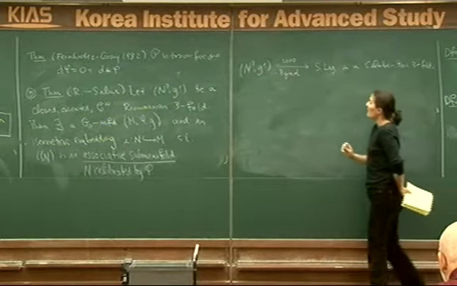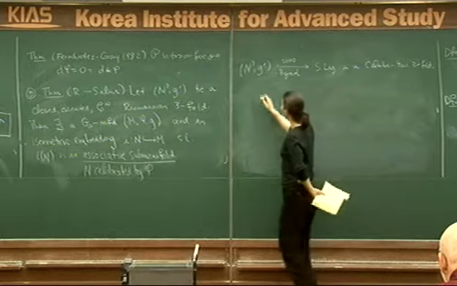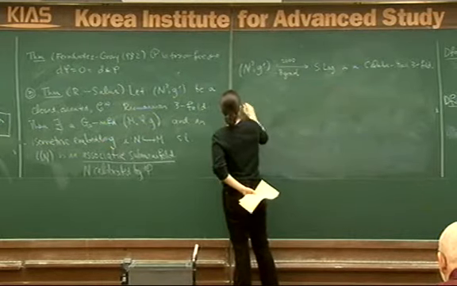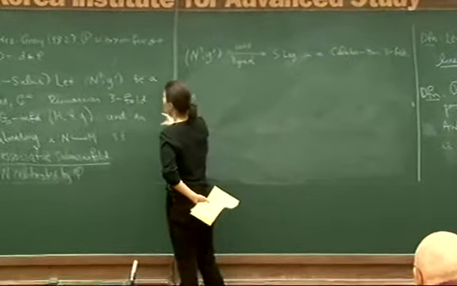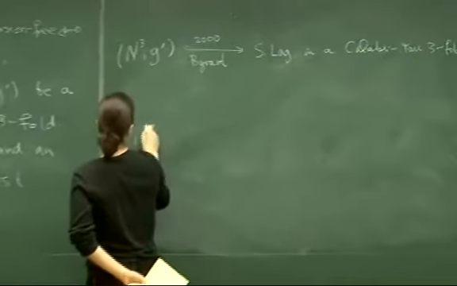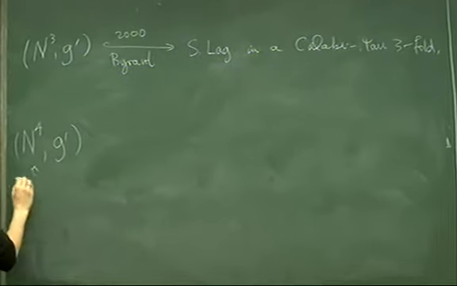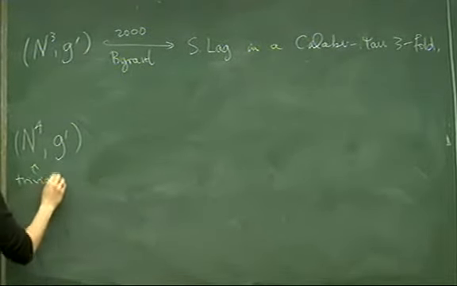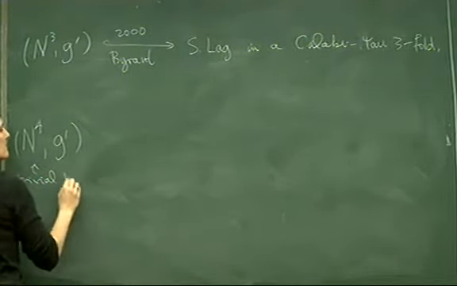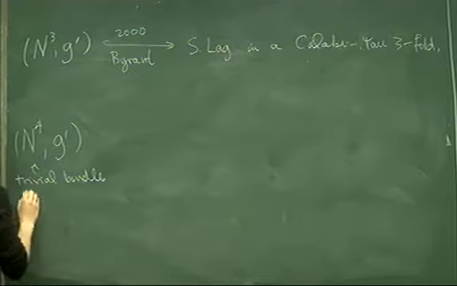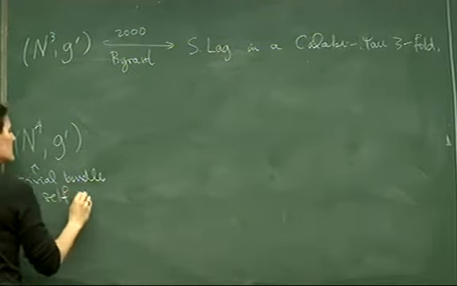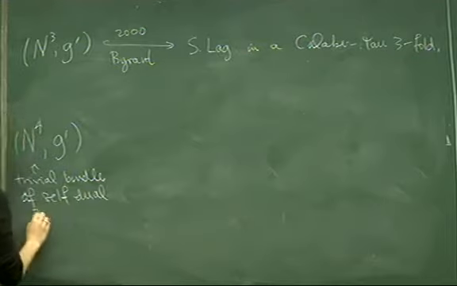Okay. And there are other embedding results in the case that the submanifold we're looking to embed is 4-dimensional, and it has a trivial bundle of self-dual two forms.